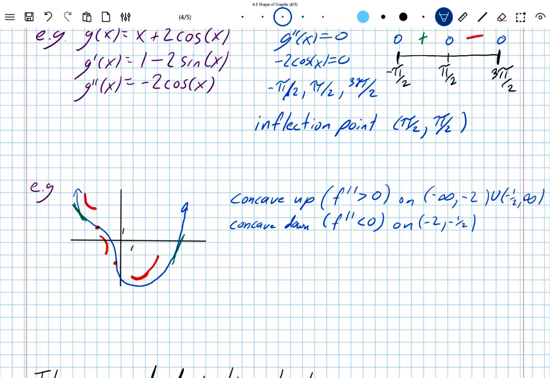Sounds pretty good. Those inflection points, we should estimate those too. And we have inflection points. We're just going to look at the graph and kind of eyeball it. Looks like negative 2 and, I don't know, 1.25-ish. And we have another one at, we'll say it's negative a half.